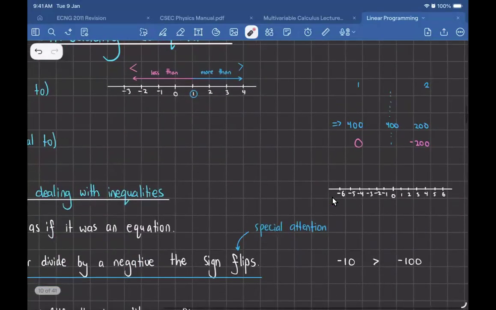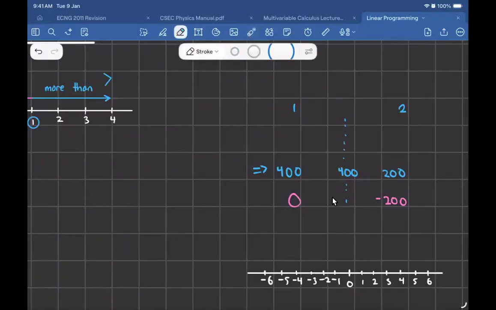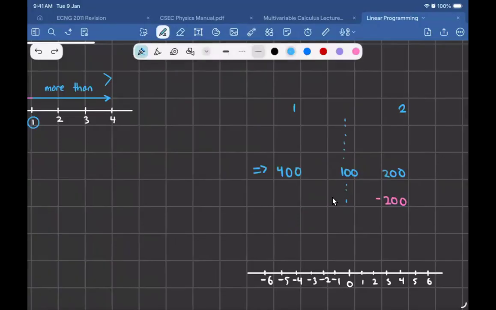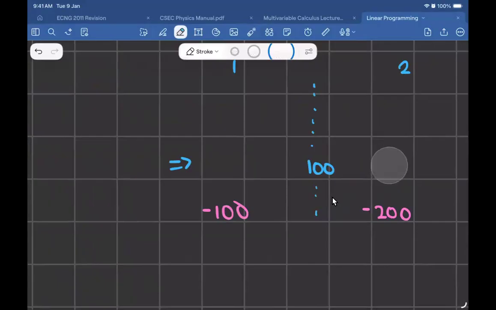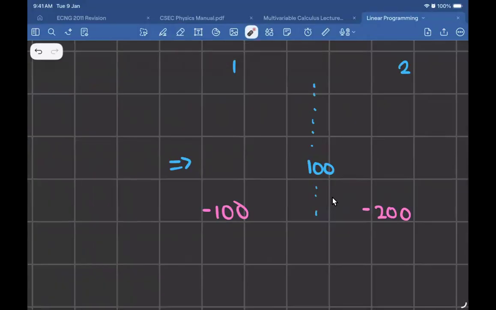So that's the concept from a practical standpoint. Let me ask you a question. Let's say you had another account where you owed the bank only $100. Which number would be greater, negative 100 or negative 200? Negative 100.